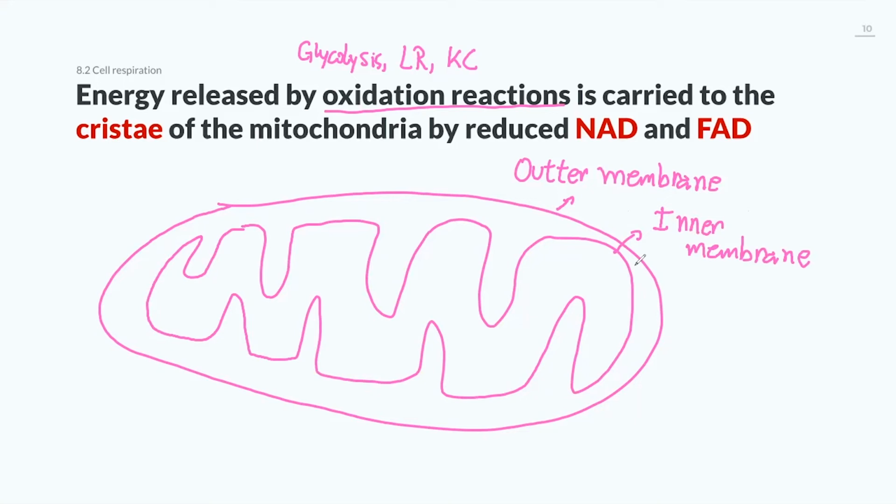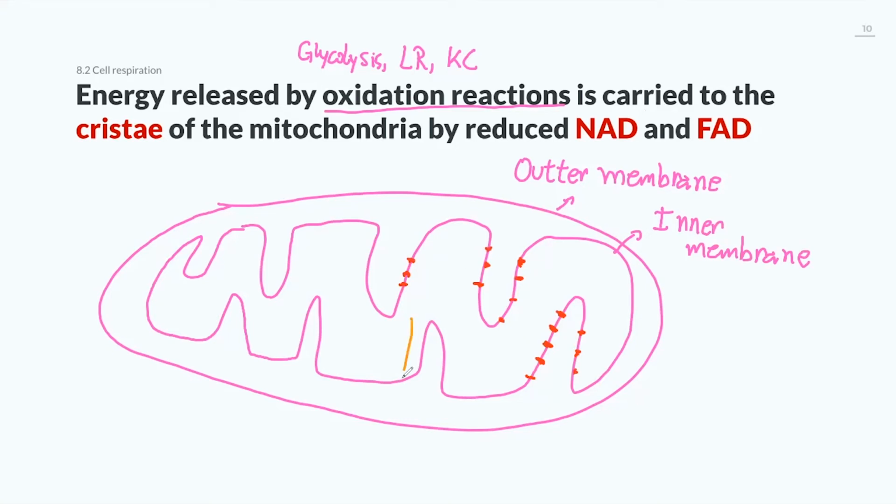So in the inner membrane, you're going to have special proteins that will carry out the electron transport chain. In order to have more inner membrane surface, the inner membrane is folded. It has these folds here, like intestinal villi.